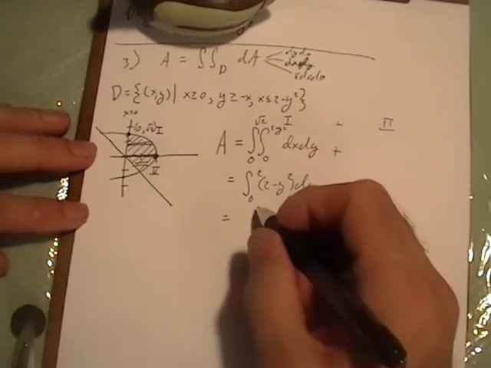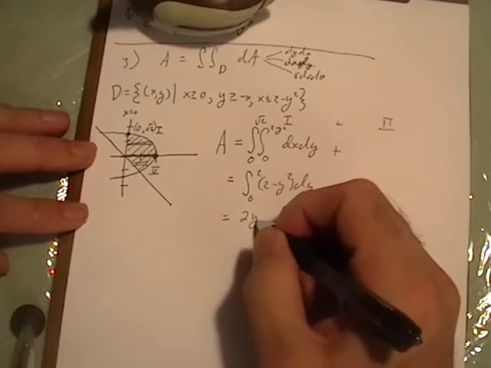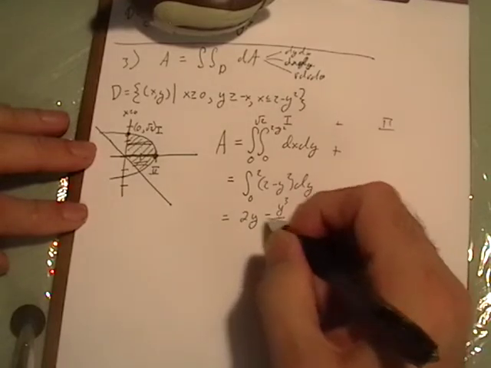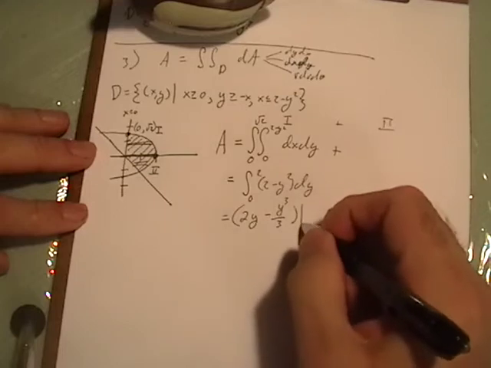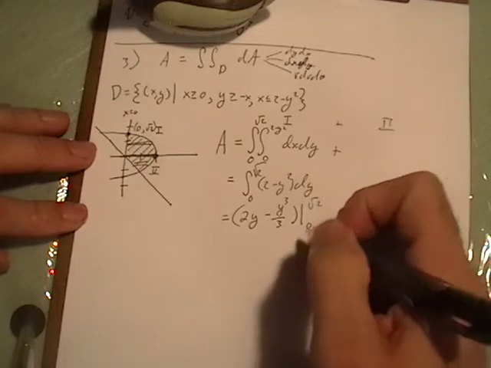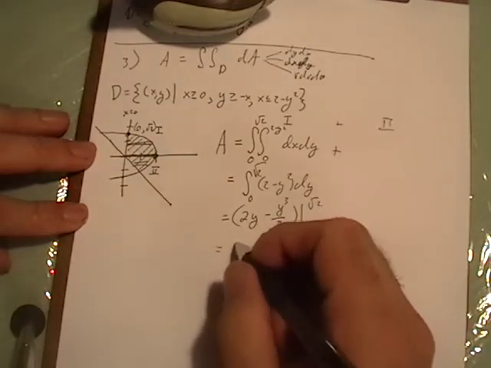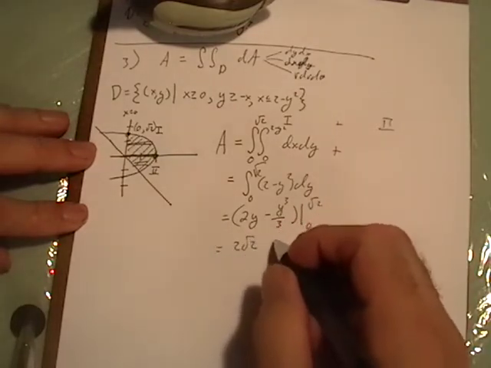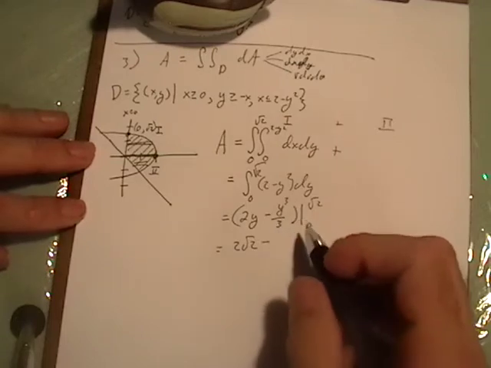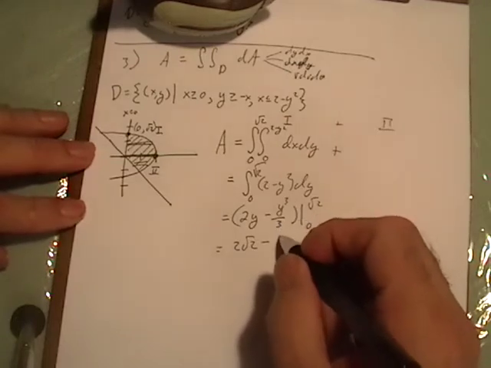Now, that should be 2y minus y cubed over 3 evaluated from 0 to the square root of 2. So that's 2 root 2 minus root 2 cubed, which is also 2 root 2, but remember over 3.